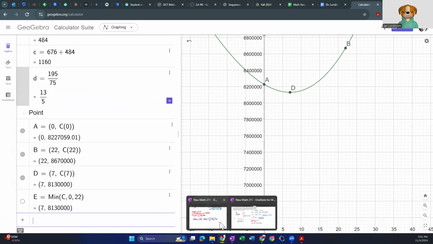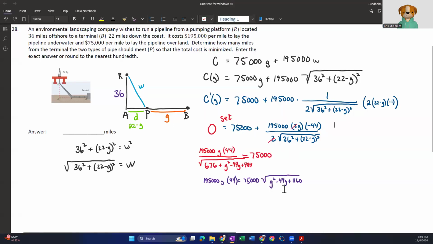Great. All right, so I'm bringing the 75,000 over so that we get 13 fifths g times 44 is equal to the square root nonsense.